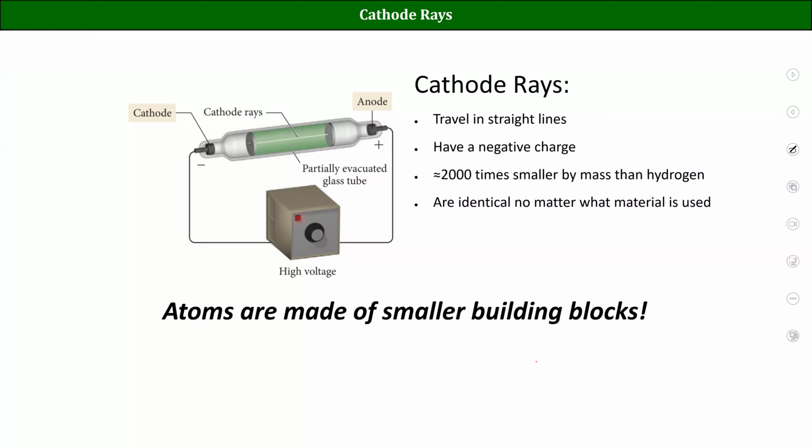So basically what they took this to mean was that all of our atoms have smaller building blocks that you put together. And so what Mendeleev really discovered was that these tiny cathode rays, which the scientists who discovered them named electrons.